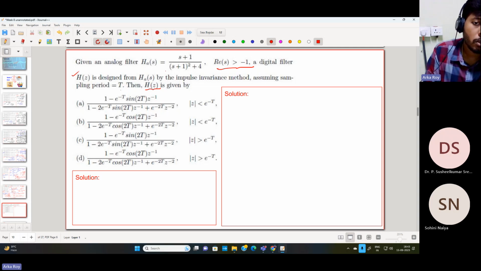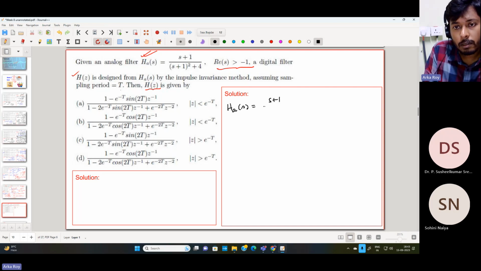To proceed, first we need to find the equivalent time domain response, the unit impulse response, of the analog filter. So for that, let me write H(s) equals (s plus 1) divided by ((s plus 1) whole square plus 4). I can see some sort of pattern is coming.